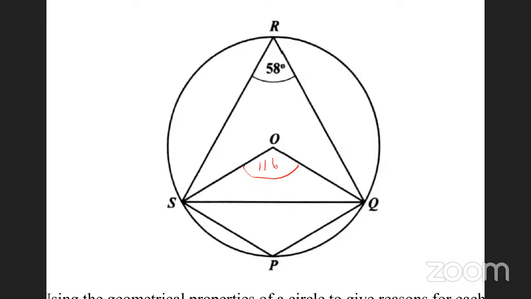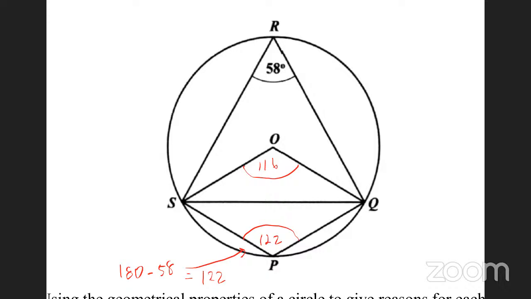So therefore, this angle here, based on the rule, is 180 minus 58, because this is the opposite angle. How much is that? 122? Yeah, 122. So we have 122 here.